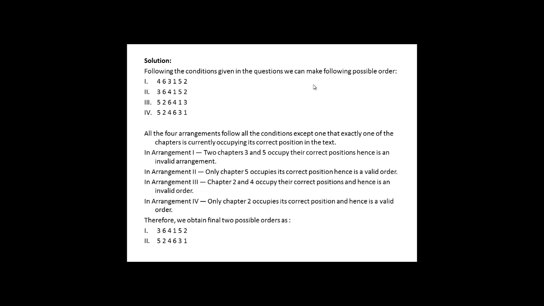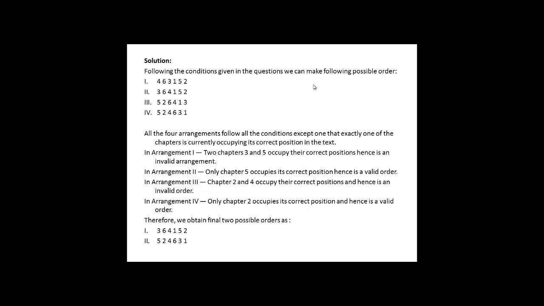In arrangement 3, chapters 2 and 4 occupy the correct positions and hence it is an invalid order. In arrangement 4, only chapter 2 occupies its correct position and hence it is a valid order. Therefore, we obtain the final two possible orders as 364152 and 524631.